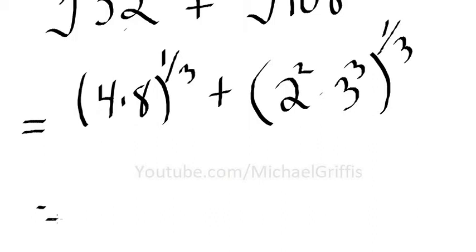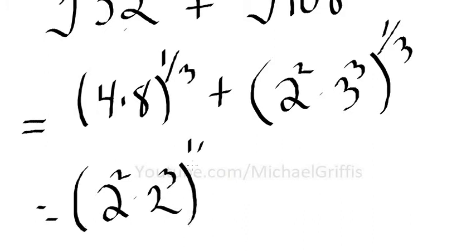How's that going to help me out any? I don't know. Let's look here. 2 squared times 2 to the 3rd, that's still raised to the 3rd. Okay, I think I see it.